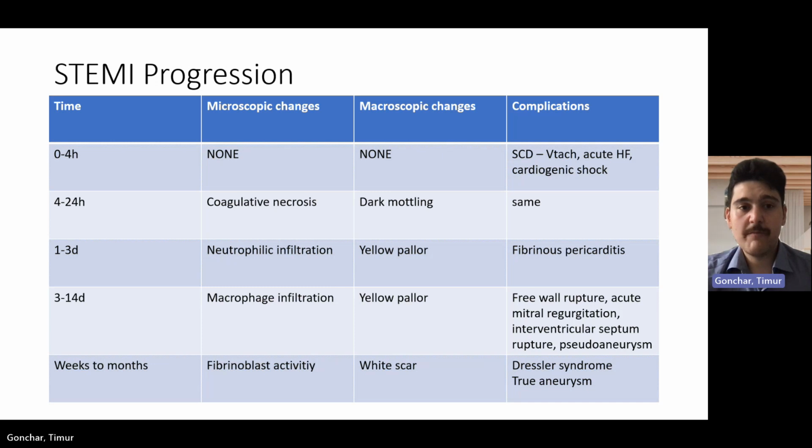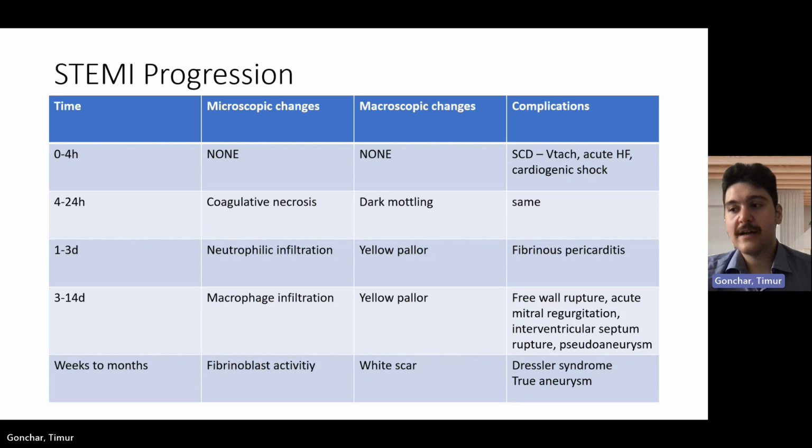The first changes we might see in the heart muscle will appear after about 4 or 5 hours after the onset of the acute ischemic process. And what we see is a coagulative necrosis. I've already mentioned that this is a necrotic process. What is the hallmark of necrosis? Right, the loss of the nucleus.